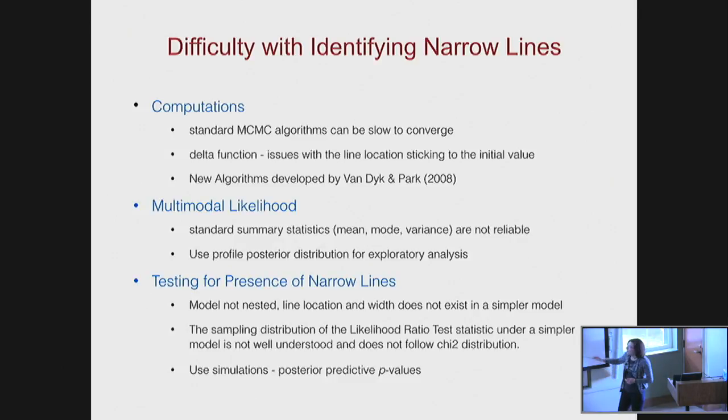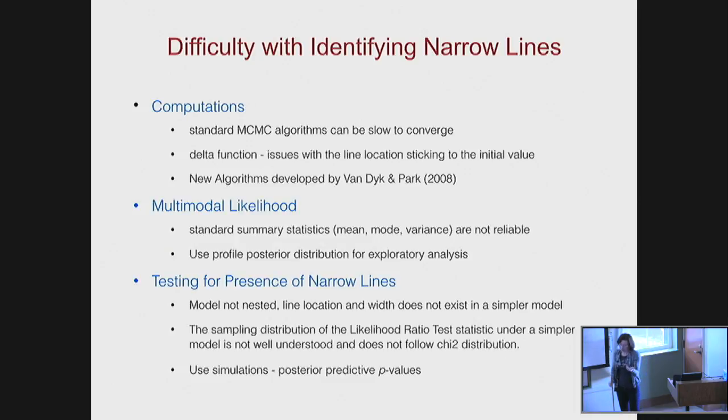In this case, you usually look at the profile posterior distribution for exploratory analysis, which means you look at the way the parameters behave on one axis, let's say, and look at whether you're really dealing with this multimodal problem. Then in testing for the presence of narrow lines, there are usually problems related to the standard test where models are not nested.